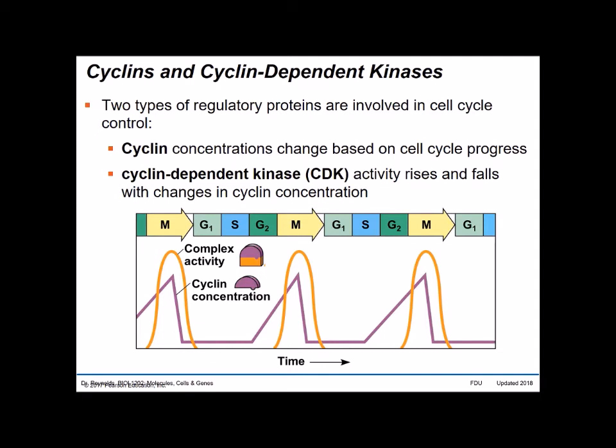Now, there are these signals that are dependent specifically on what the internal environment of the cell looks like, such as whether or not all spindles have attached to the kinetochores. But there are others that are dependent on concentration. Meet cyclins. These are proteins whose expression is dependent on the phases of the cell cycle.